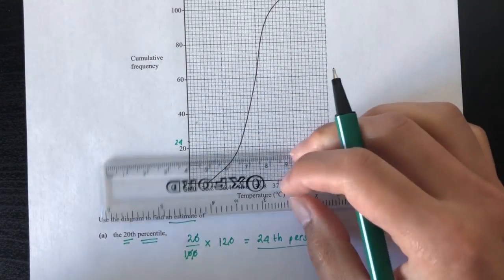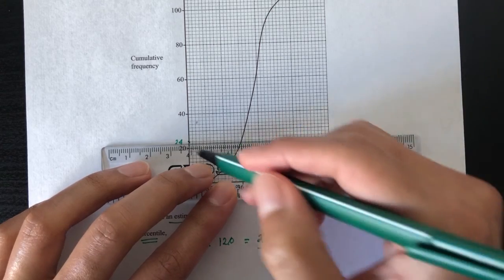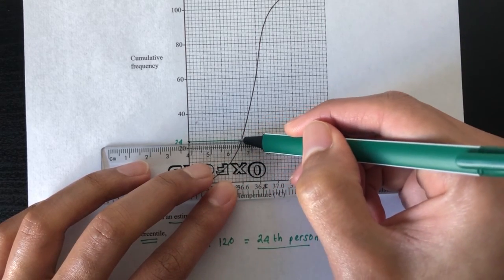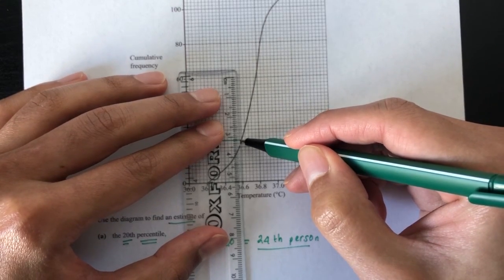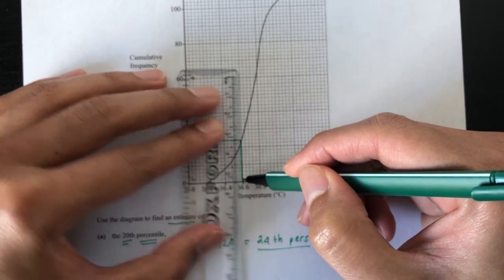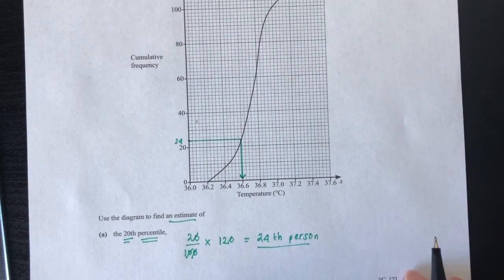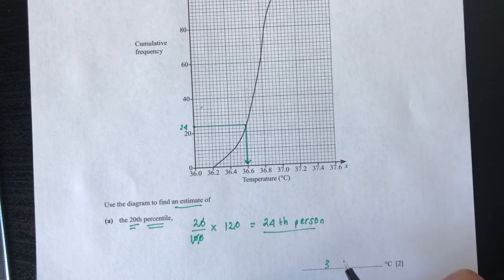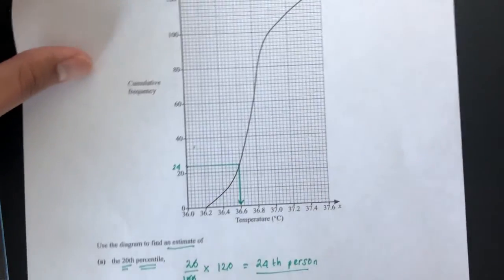Now let's draw a horizontal line to cut the curve and find the temperature. It will be touching the curve at this point, and if we draw a vertical line, it will cut at this point. So the 20th percentile for this will be 36.6 degrees Celsius.